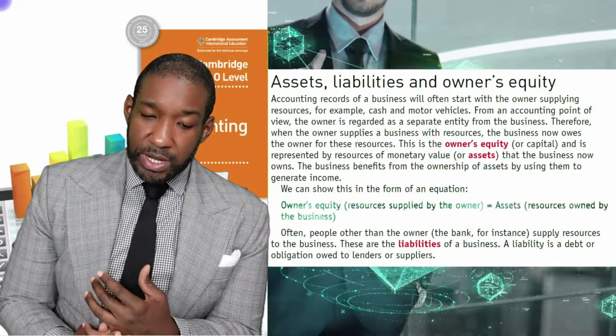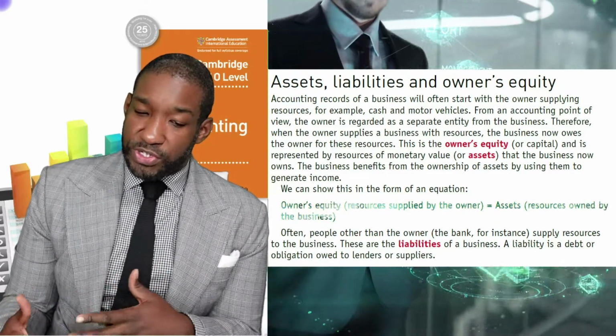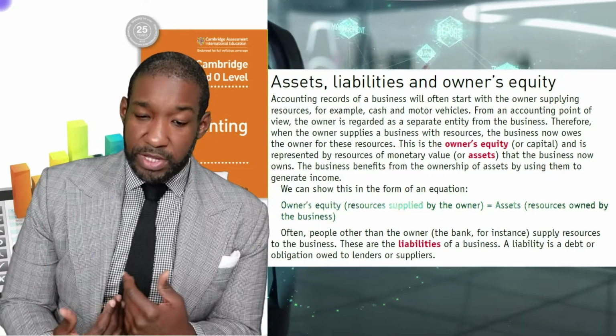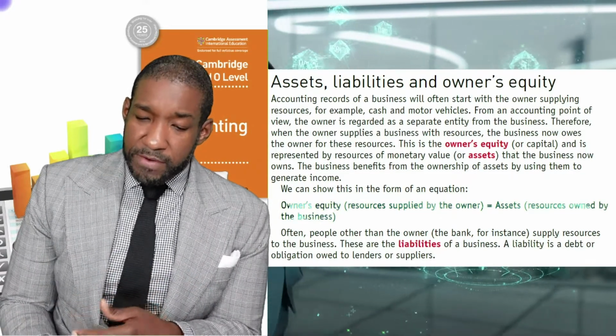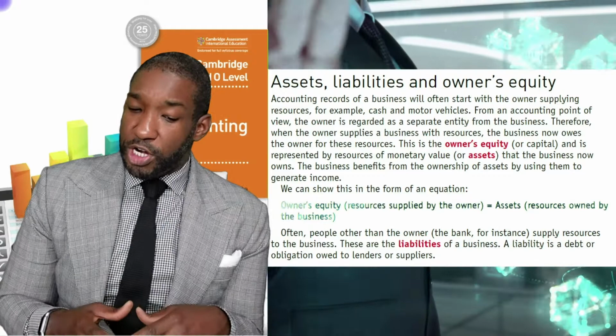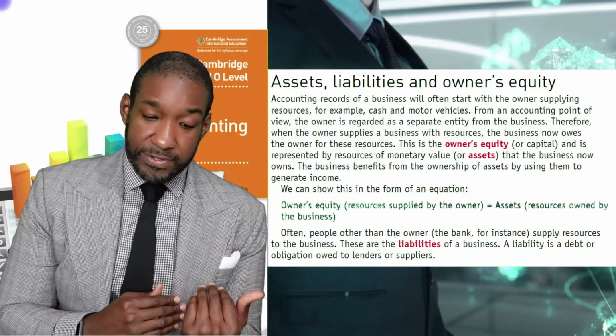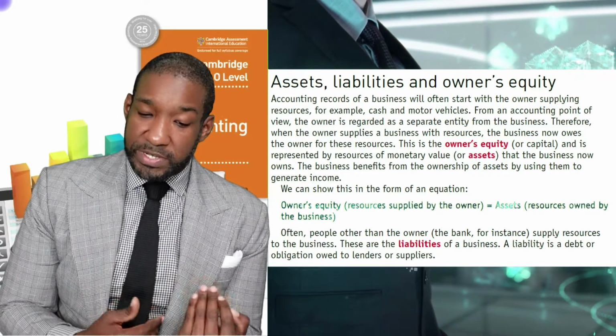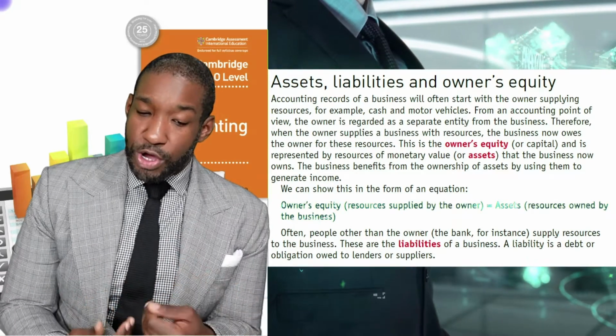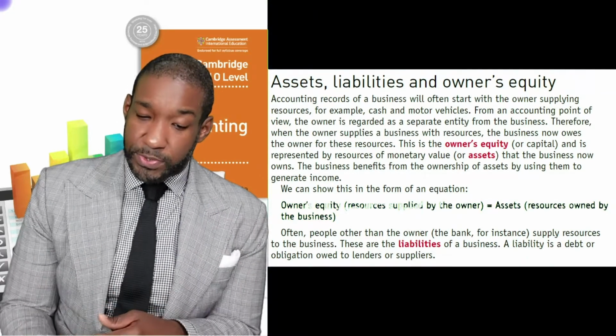Accounting records of a business will often start with the owner supplying resources, for example, cash and motor vehicles. From an accounting point of view, the owner is regarded as a separate entity from the business. Therefore, when the owner supplies a business with resources, the business now owes the owner for these resources.